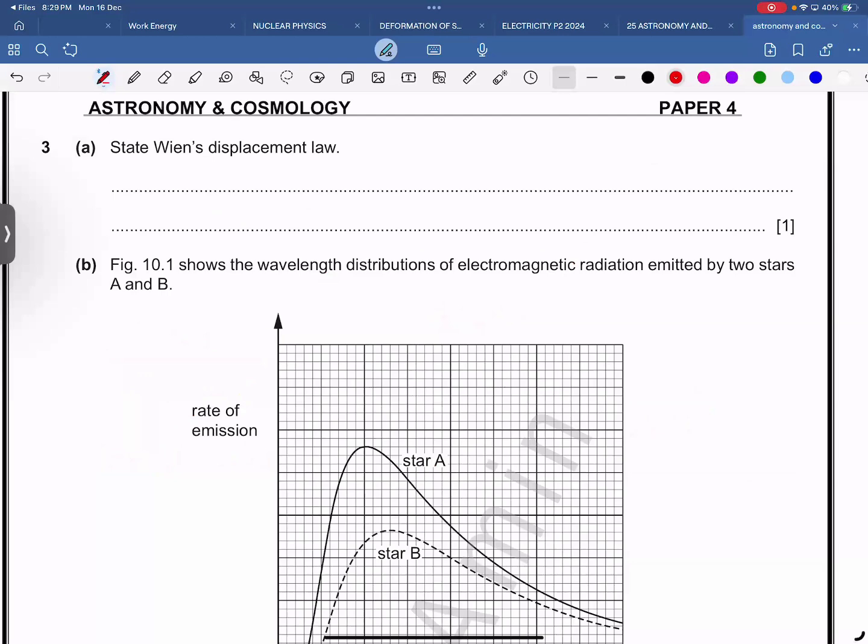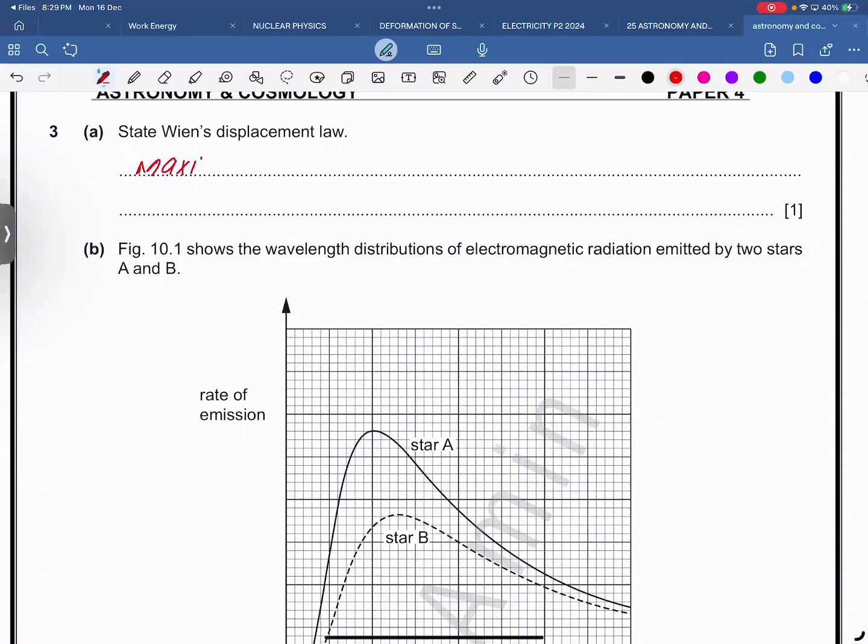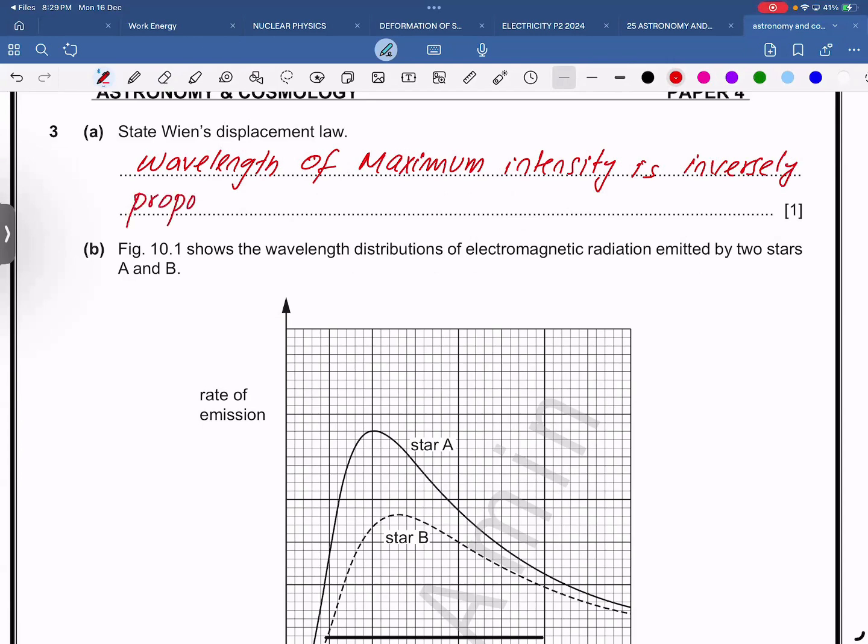State Wien's displacement law. The wavelength at maximum intensity is inversely proportional to the thermodynamic surface temperature of the star.